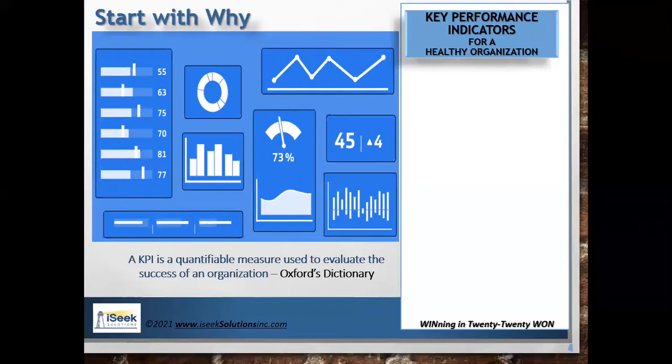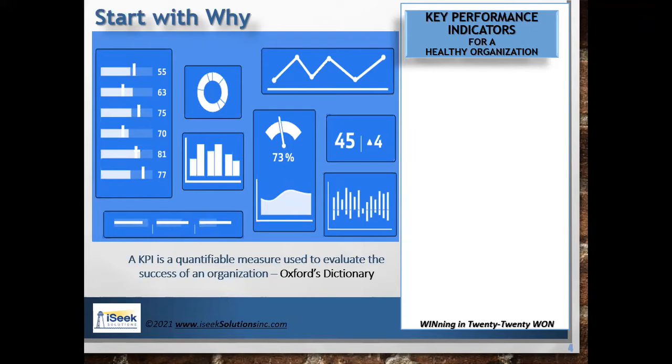I don't know if anyone has read the book by Simon Sinek that talks about how you always start with why. You always answer the question of why when you're looking at your future goals, when you're looking at where you need to develop yourself, and even for businesses, when we are developing our strategic plan, our strategy for the future.